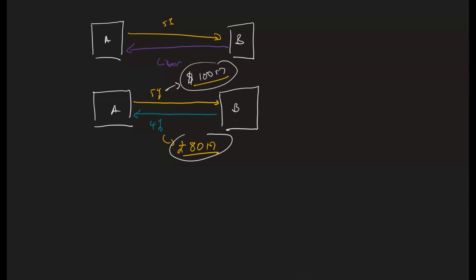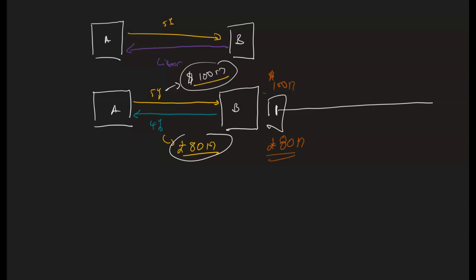And the two parties, A and B here, are going to have an exchange of the notional amounts at the beginning and at the end of the agreement. That is, when the agreement is entered, there is an exchange of 100 million US dollars and 80 million Japanese yen.